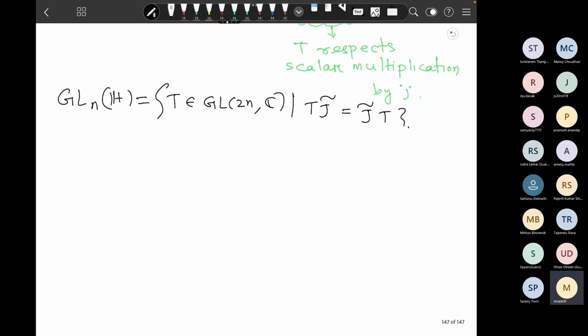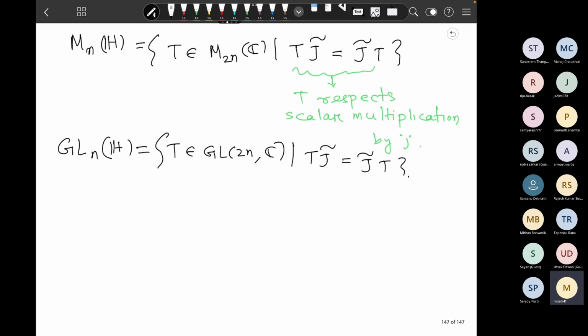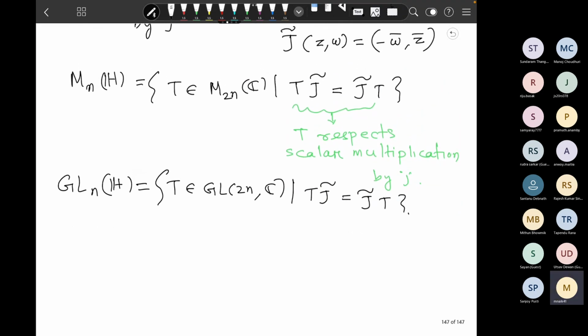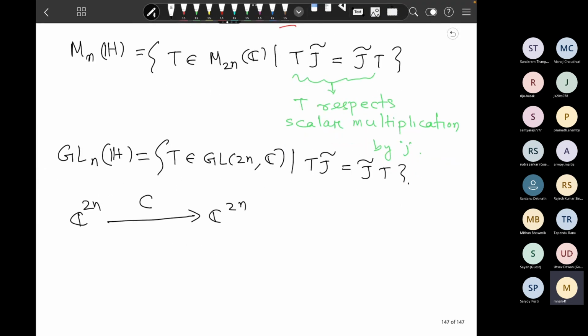So now we'll first investigate a little bit more about this map J tilde. Now you take, from C2n to C2n, this conjugation map. What does that mean?